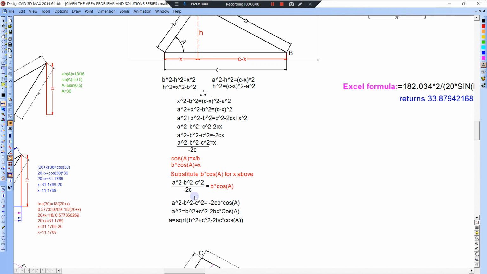By moving that to the top. So this is equal to that now. And then we have a squared. So what we want to do is get a squared by itself. And we're going to take negative b squared and negative c squared, and move them to the other side. We end up with a squared is equal to positive b squared plus c squared minus 2bc times cosine of a. And then if you just shorten that up a little bit, you end up with the law of cosines.